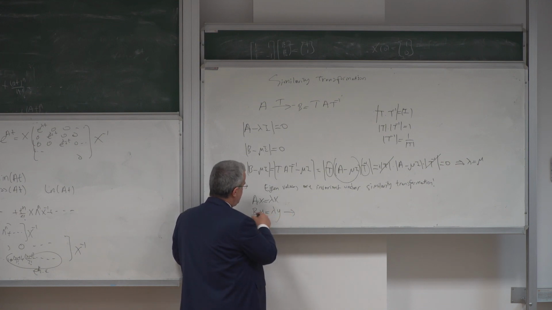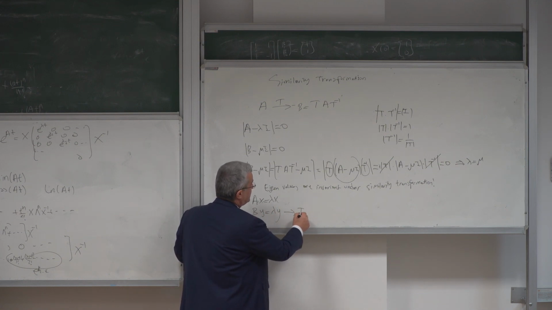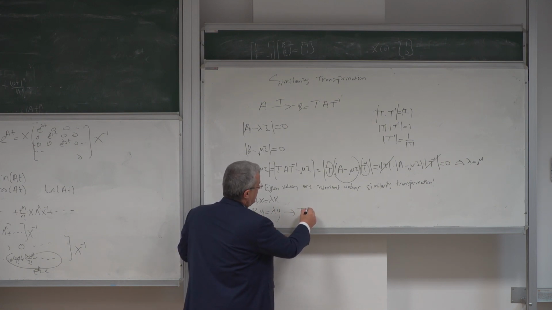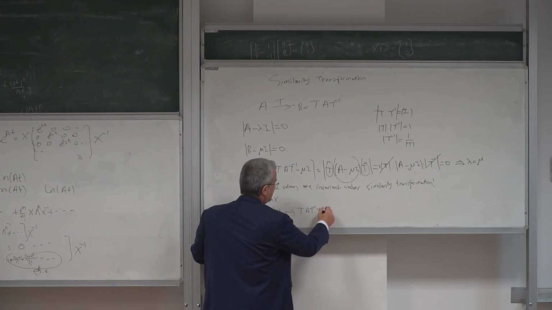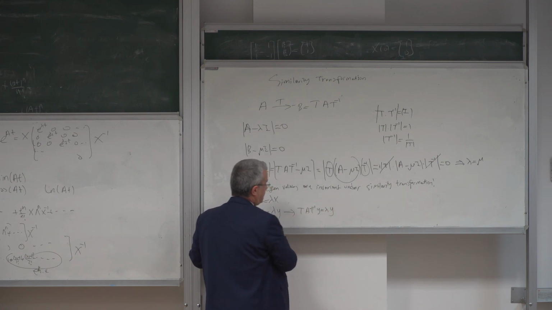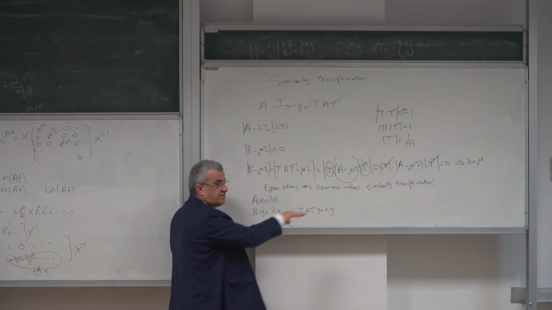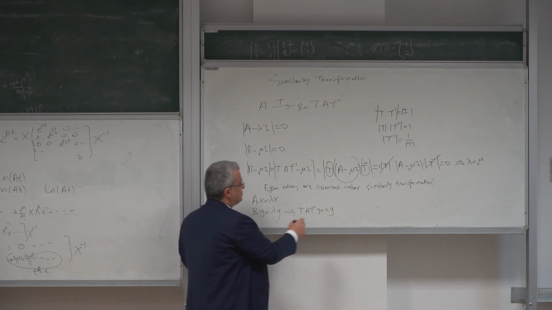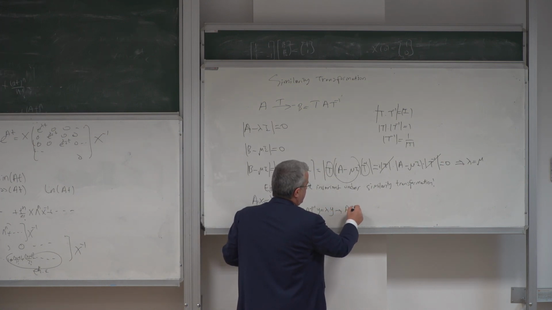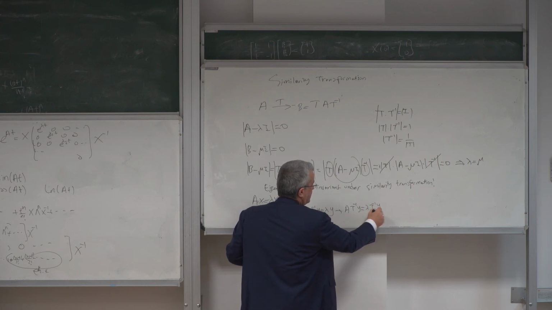From here, let's continue. What is B? T A T inverse times y is equal to lambda y. Okay, let me just multiply with T inverse from here. What do I get? A T inverse y is equal to lambda T inverse y.